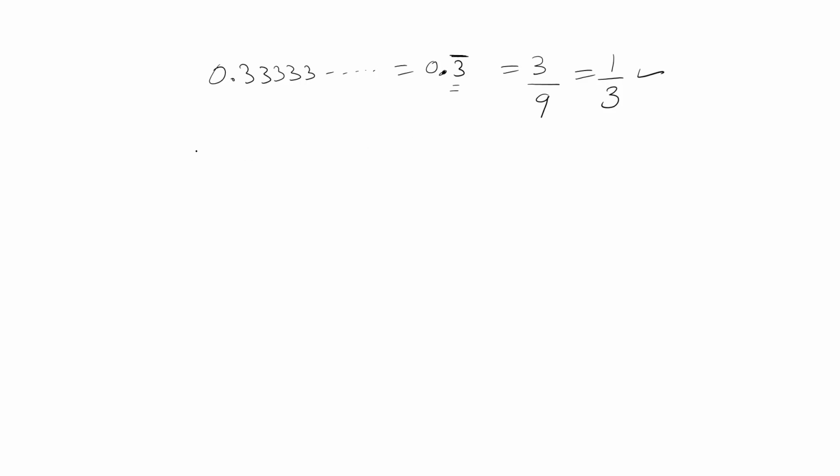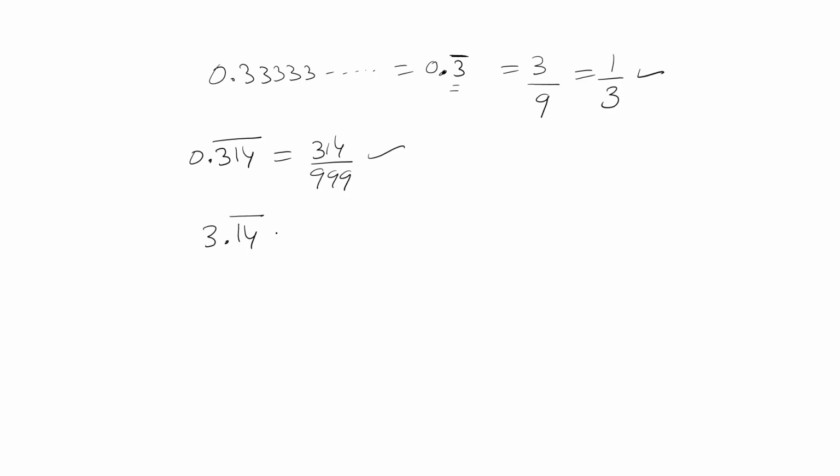Now for example, if I want to make 0.314 with a bar over all three digits into a fraction, first write it as 314, divided by 3 nines, because 3 numbers have the bar. Now say 3.14 where only 14 has the bar.